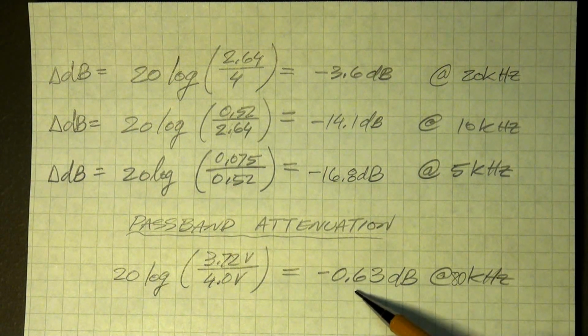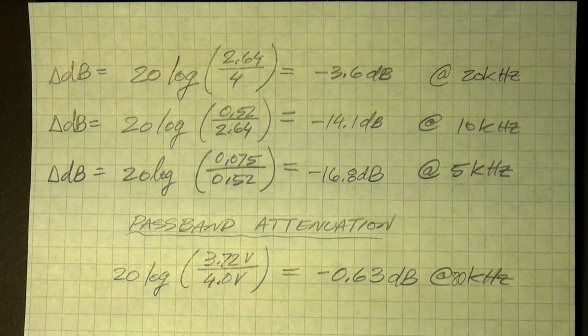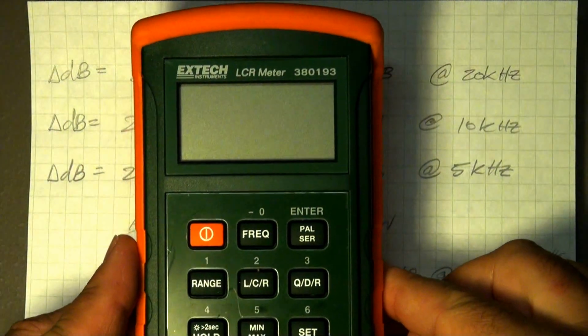Now, why are we getting minus 0.63 dB instead of almost 0? Well, I have a feeling that these capacitors that I'm using have an effective series resistance, which we can check with an LCR meter.